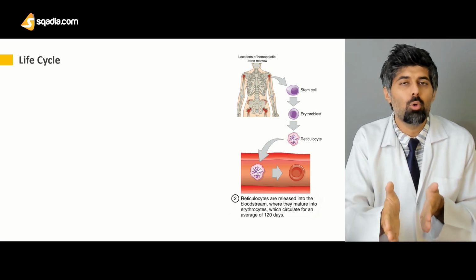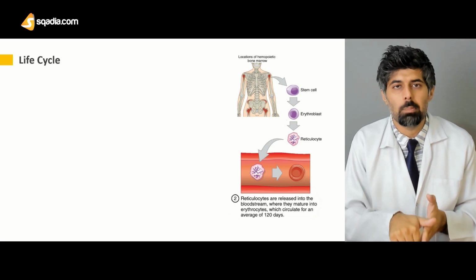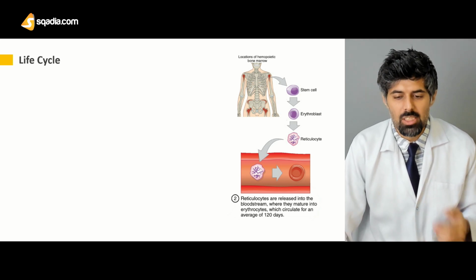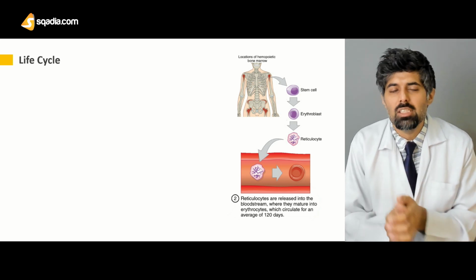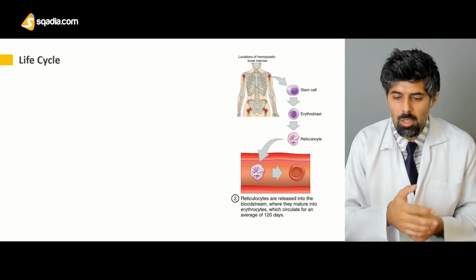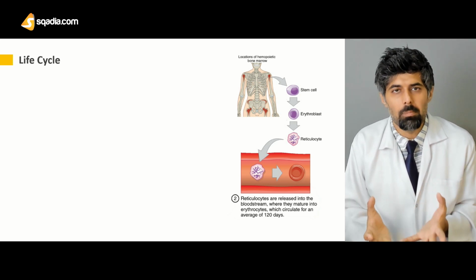So from the bone marrow it squeezes out and into the capillaries of the systemic blood circulation. As you can see here, the reticulocytes are released from the bone marrow into the bloodstream, where they further mature into RBCs.